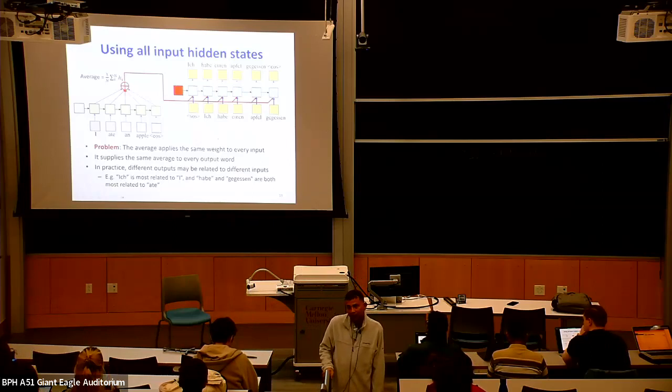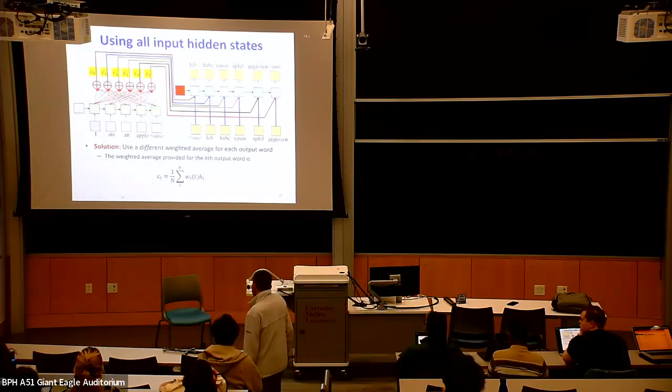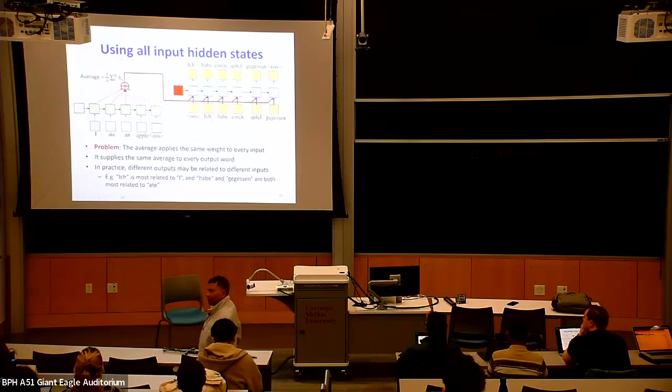Yes? If we just take the average, don't we also still lose the information from each of them? Yes, we do, right? Just taking a simple average is still losing information, in the sense that the fact that ich is better related to I than it is to Apfel is not really being considered. They're all being given equal weightage.